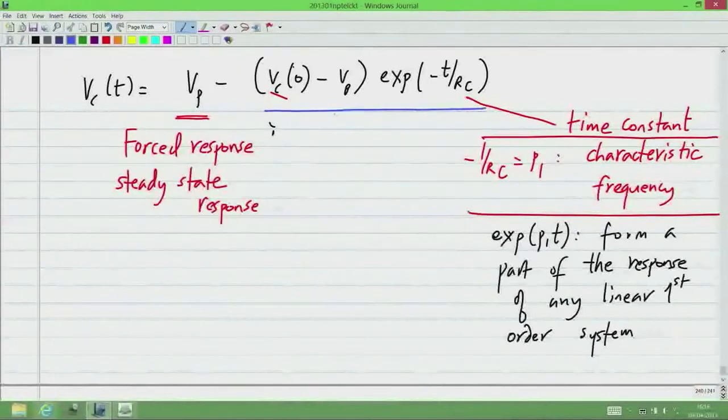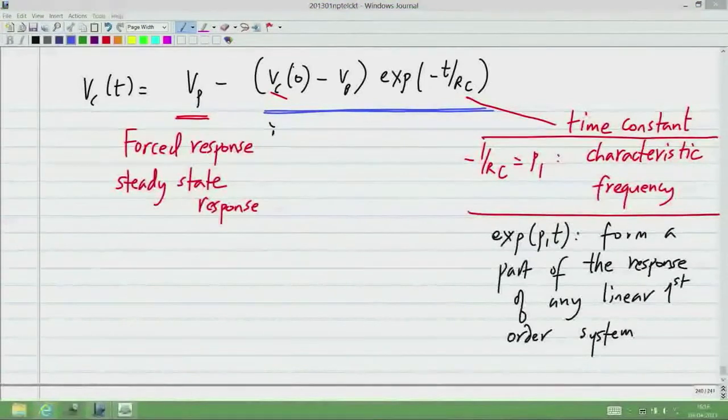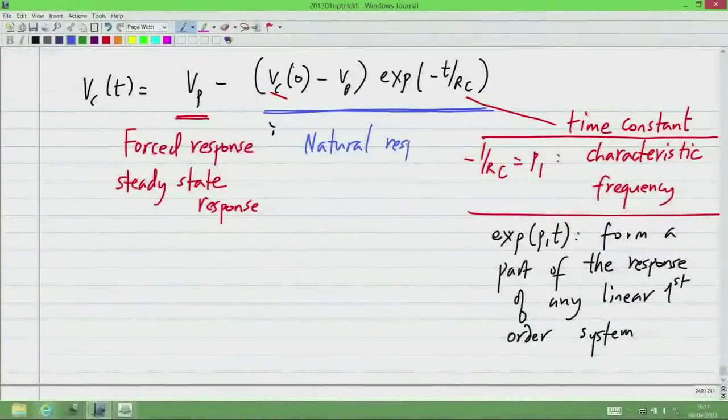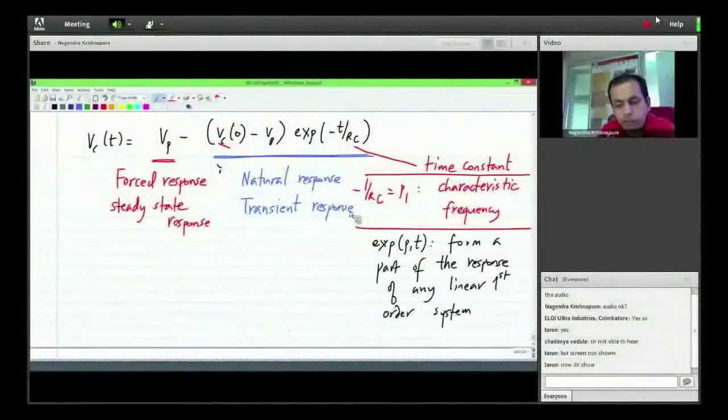and this part, which has this exponential minus t by RC, which is a characteristic of the circuit, is known as the natural response. Or the transient response. Okay. So the natural response of any linear system will be of the form of exponential minus t by RC.